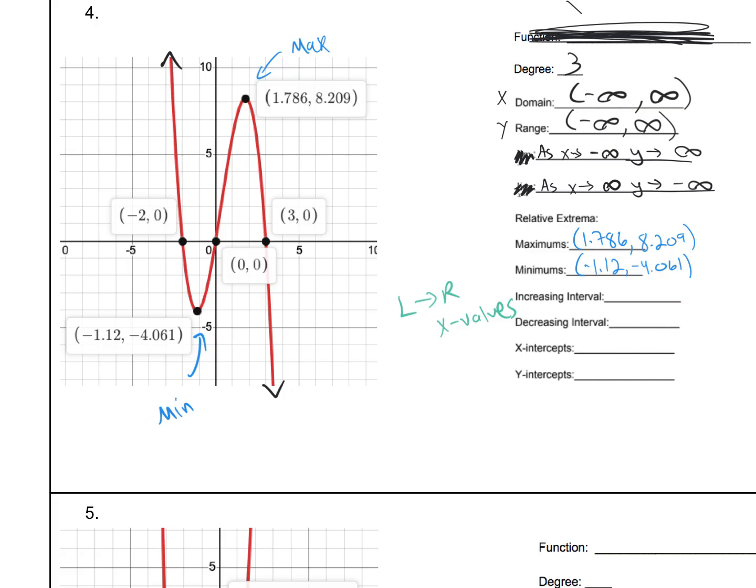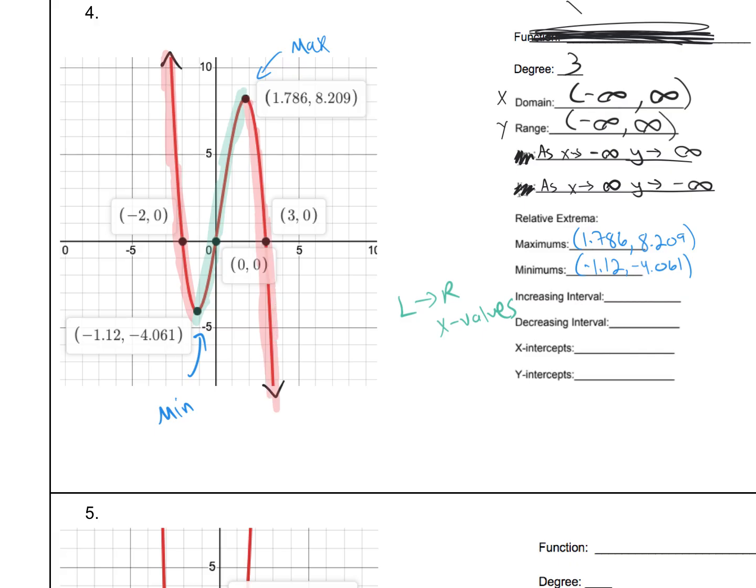If we were to trace it from left to right, the first section is going down from left to right. As we trace this first section here, it is going down or decreasing all the way until we get to that first turn. As soon as we get to the first turn, the next section would be going up from left to right, or increasing. And then when we make that second turn, we start decreasing again and going down.